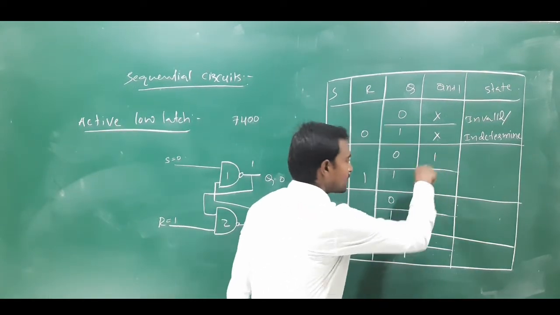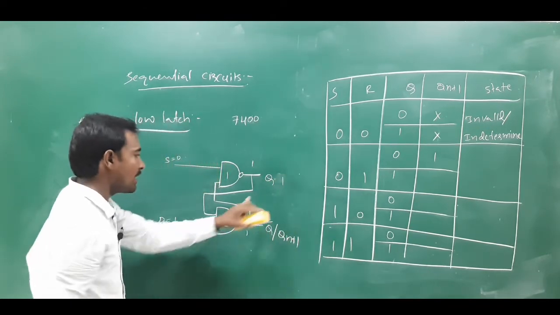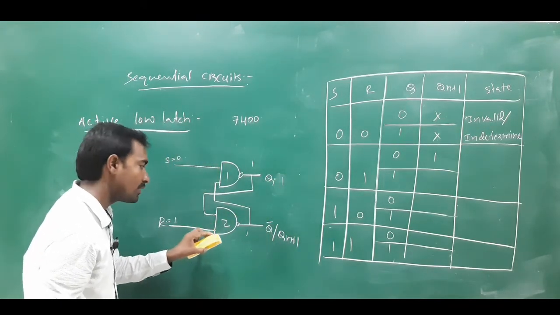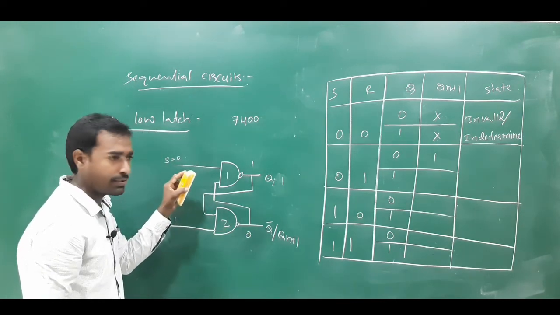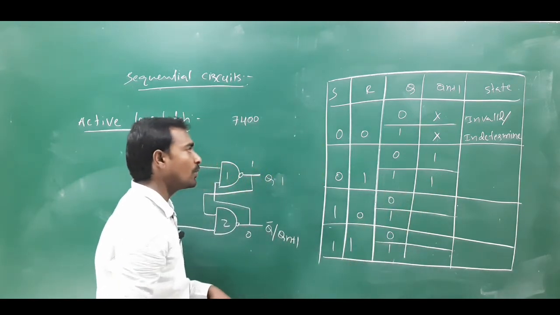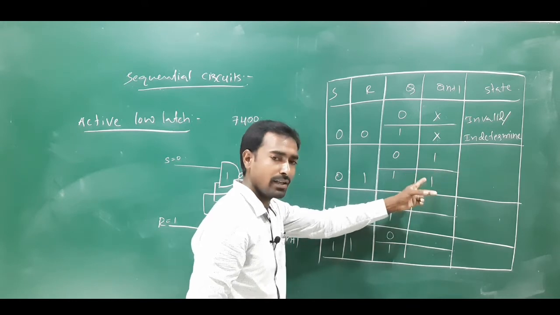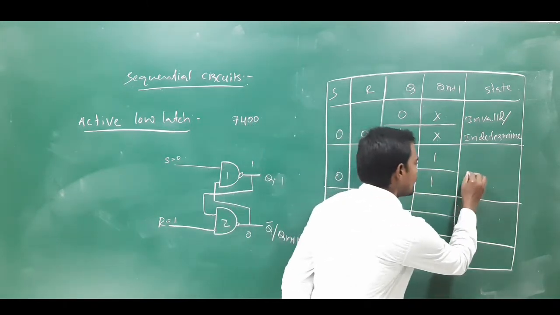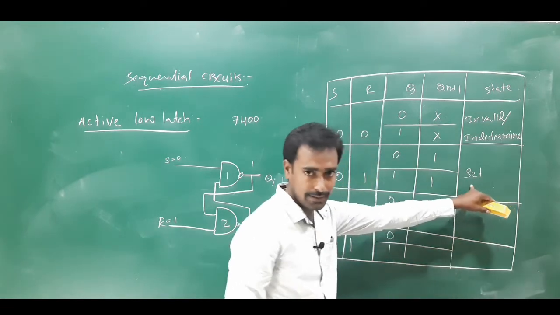So the output is equal to 1. Next take Q equal to 1: 1 cross 1 equal to 1, complement 0, and 0 cross 0 equal to 0, complement 1. So always the output of the next state is 1. That's why this state is called the set state.